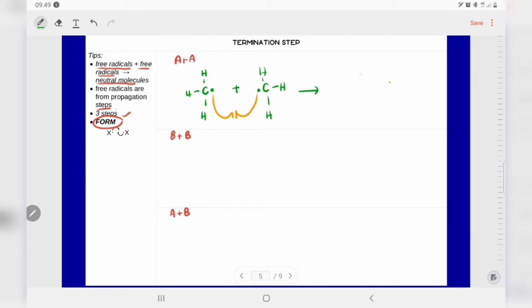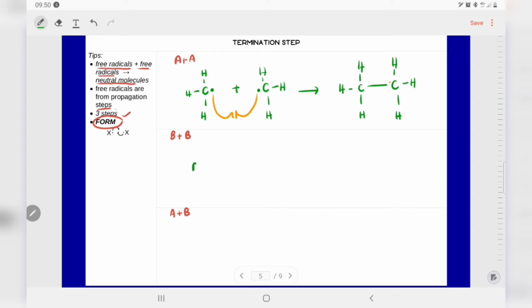This will form a bond between these free radicals. So, one electron here, one electron here. So, 1 plus 1 equals 2. 2 electrons is 1 bond. Okay. So, kita boleh cantik sikit. 1 bond.